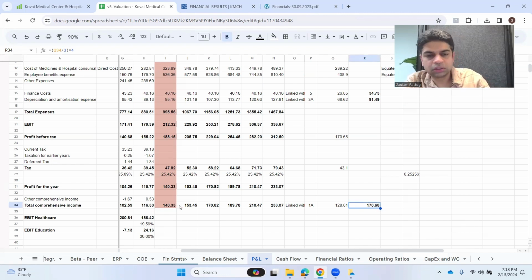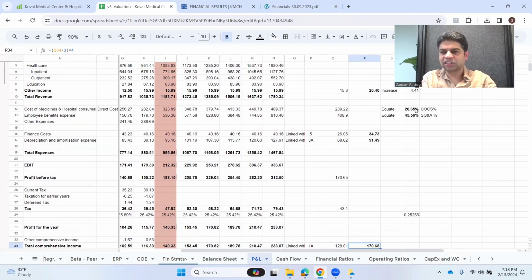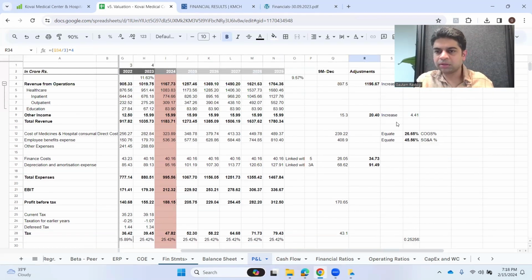Our profitability is lower, but this would be taken care of by itself when we make these adjustments. Obviously we'll make adjustments to finance cost and depreciation once we get to the balance sheet. So first let's make these cost adjustments, and then we'll make the revenue adjustments.